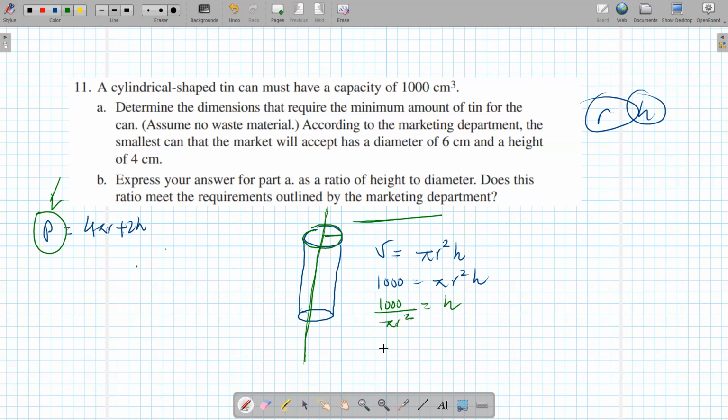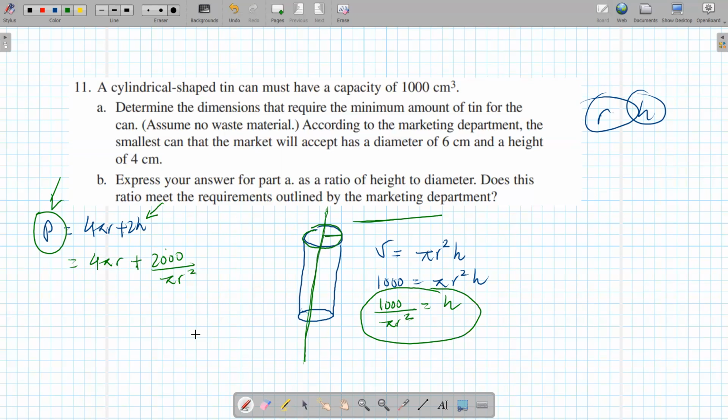Divide both sides by pi r squared. Okay. And then we're going to take this h and plug it in here. So we're going to get 4 pi r plus 2 times 1,000, 2,000 over pi r squared, like that. Cool? Now we need to find the derivative of this.